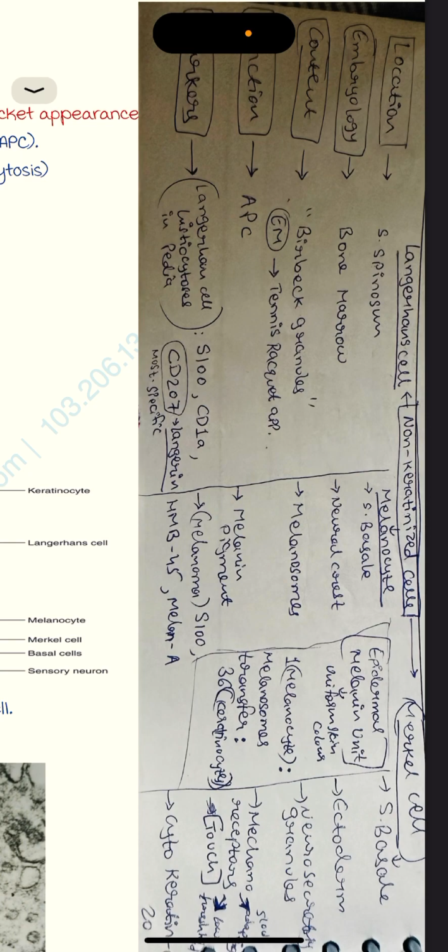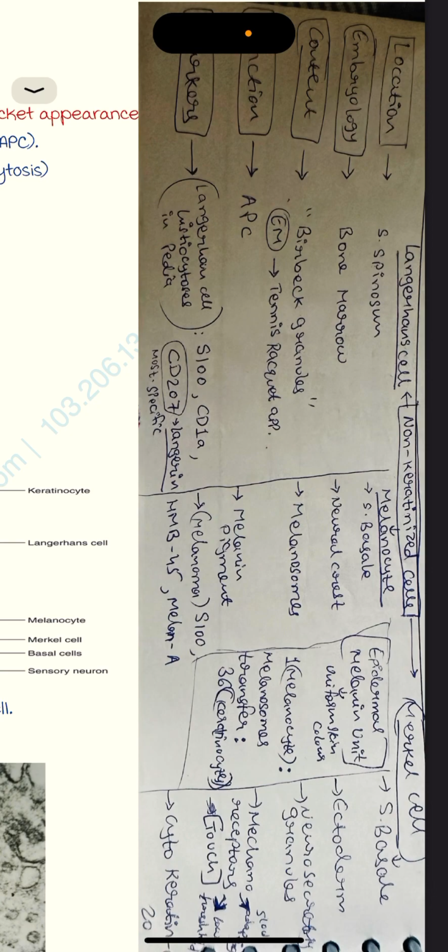Embryologically, Langerhans cell is derived from bone marrow, melanocytes are derived from neural crest cells, and Merkel cells are derived from ectoderm. Langerhans cells contain Birbeck granules, and on electron microscopy, they appear as tennis racket. Melanocyte contains melanosomes, and Merkel cell contains neurosecretory granules.